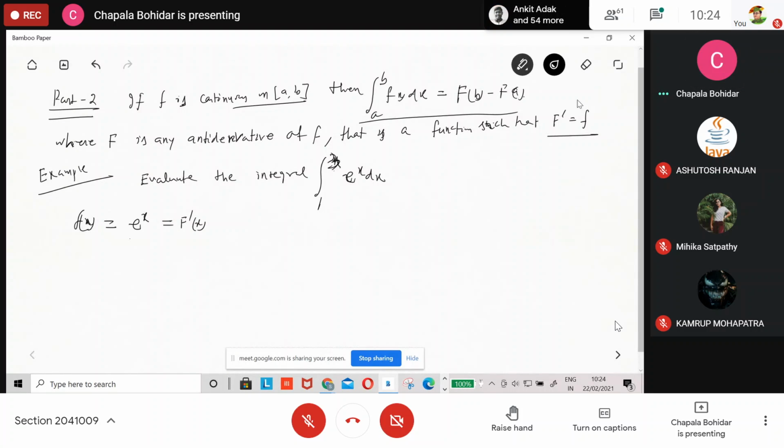According to our definition, I can write this down. Are all of you clear or not? According to your definition, here you see. Clear? Yes, ma'am.